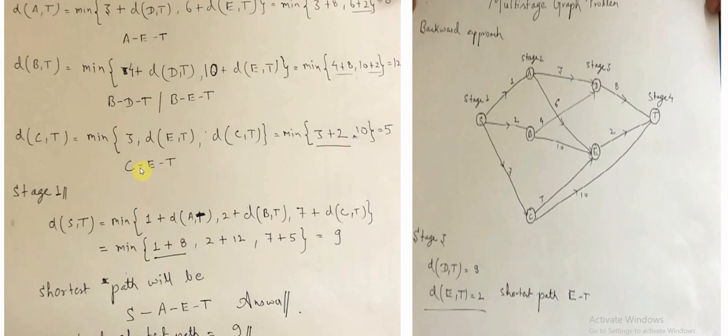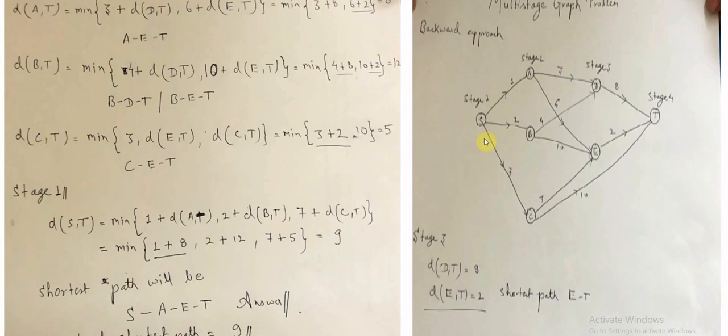So 5 is less, so the path to reach from vertex C to T is via E, and that is CET. So we have successfully computed the cost to reach from A to T, B to T and C to T.